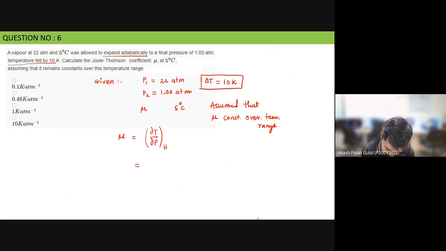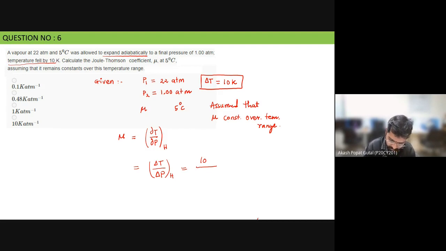We know that delta T is 10 Kelvin. This expression we can write as delta T for a sufficiently large change. Delta T is given as 10, and we need to calculate the change in pressure.